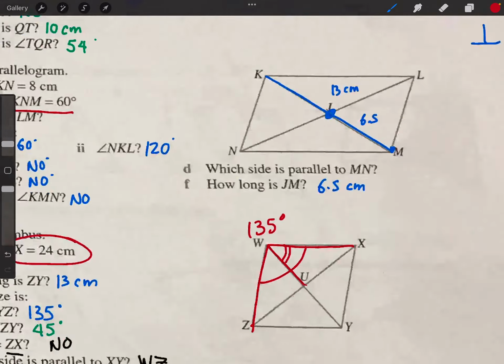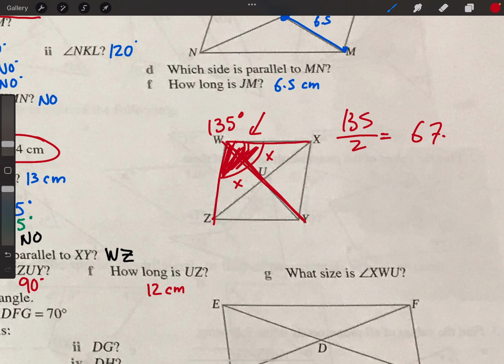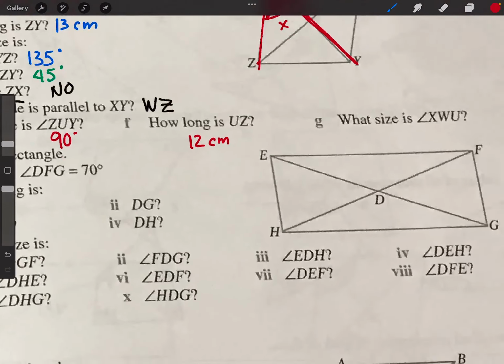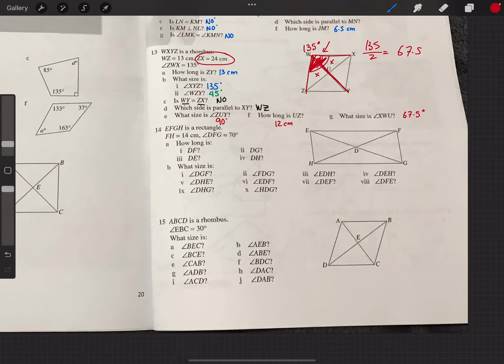So this angle here is 135, and the diagonal will cut it in half, so this will be that half and the other half there. So you do 135 divided by 2, and that gives you 67.5. So that angle should be 67.5 degrees.